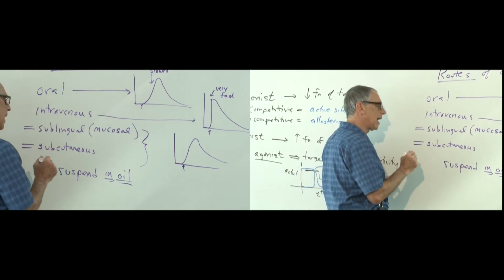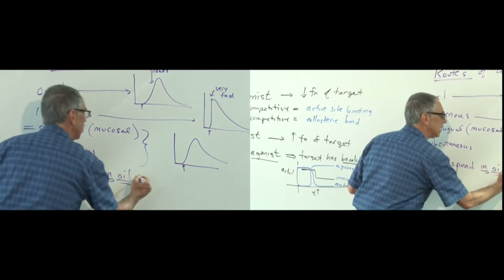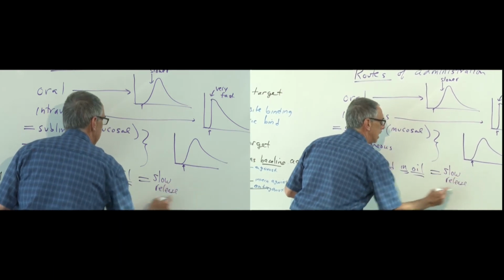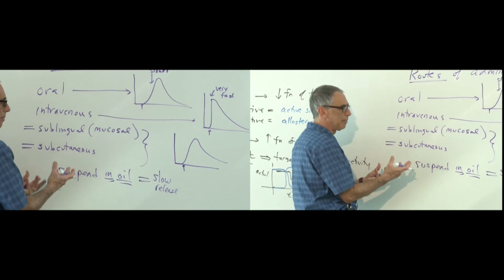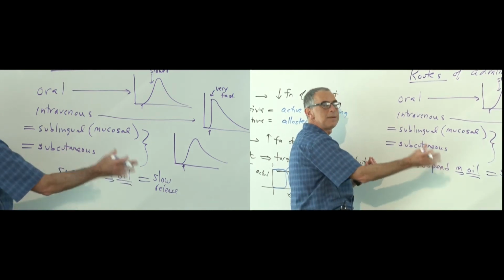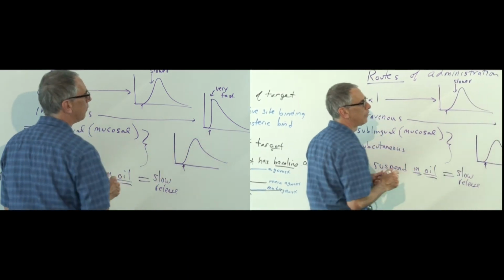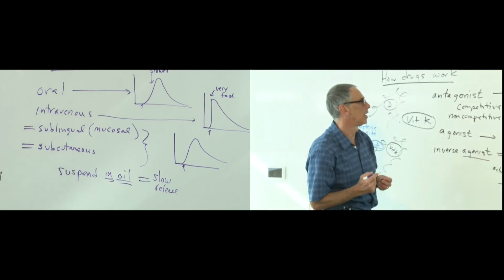So for some cases, you can take a drug and make it a slow release by embedding it in something like oil or some other delivery compound that allows it to seep out more slowly over time and therefore get a pharmacokinetic profile that is more convenient for the patient, for the provider, or for the physiological response.